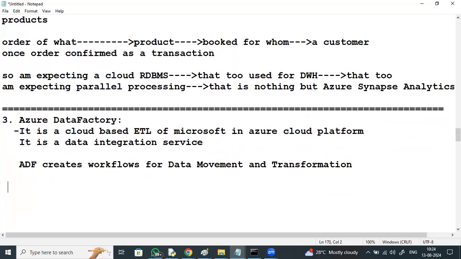if I take OLTP systems on one side, and I take data warehouses. Which one acts as the data warehouse in Azure? First, OLTP systems. Tell me some OLTP systems of Azure.